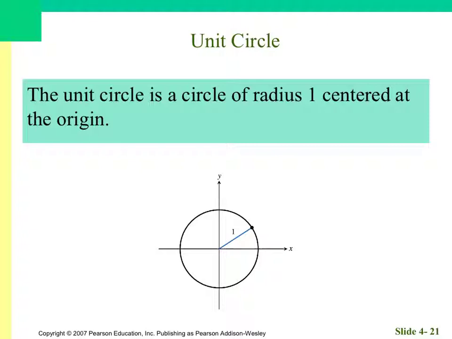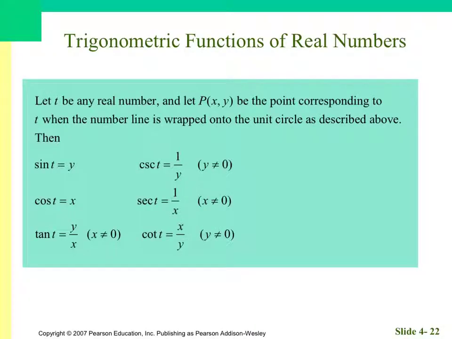The unit circle is a circle of radius 1 centered at the origin. See how it says y equals the sine of t, x equals cosine of t? That's why, like I was saying, cosine t comma sine t. Y over x, x over y, okay?